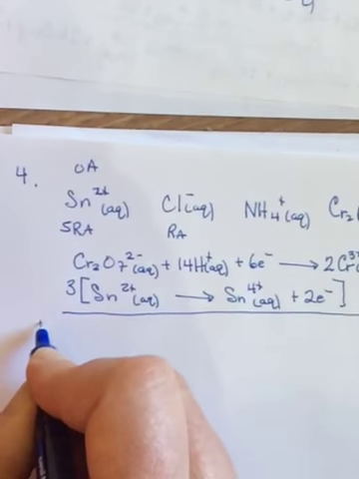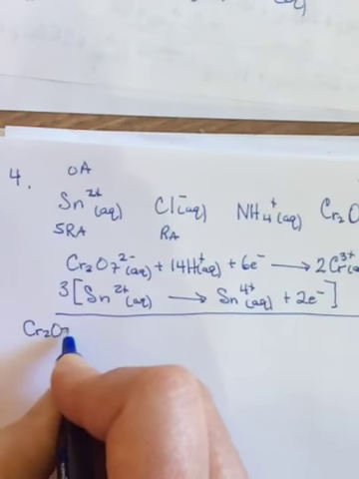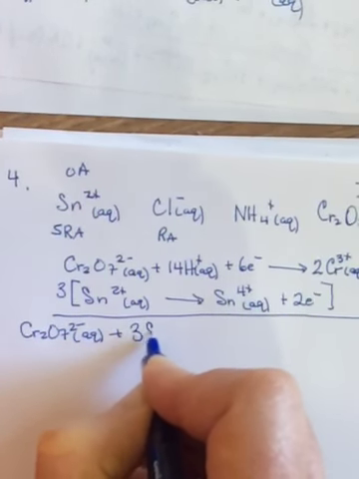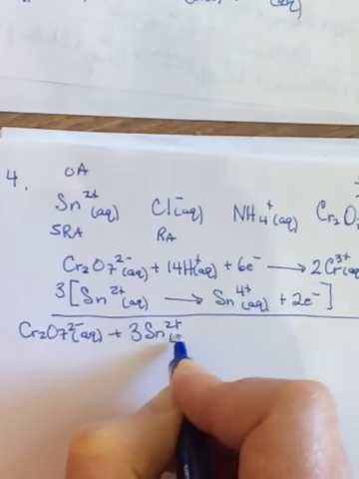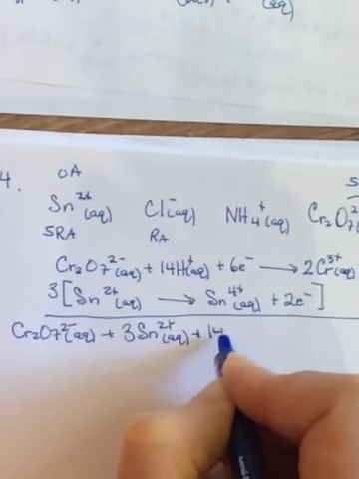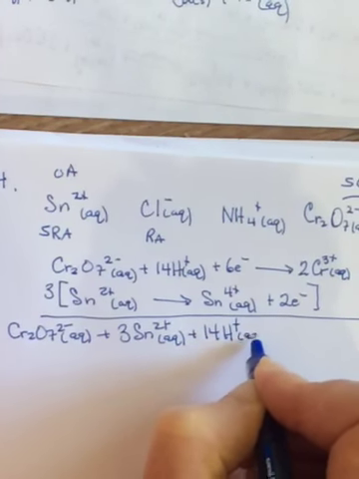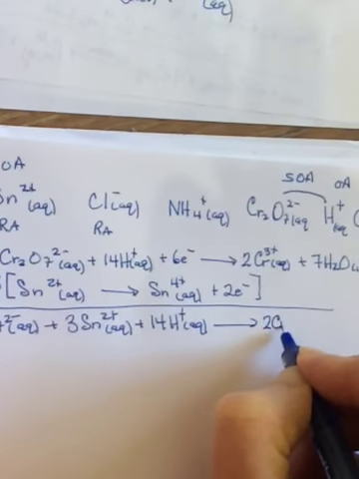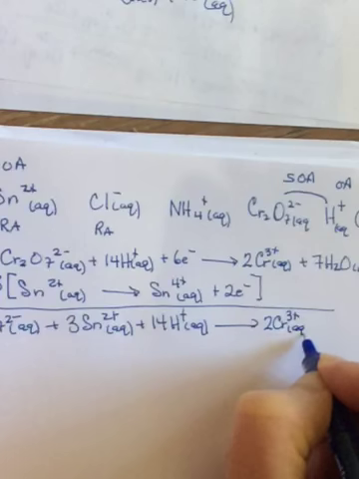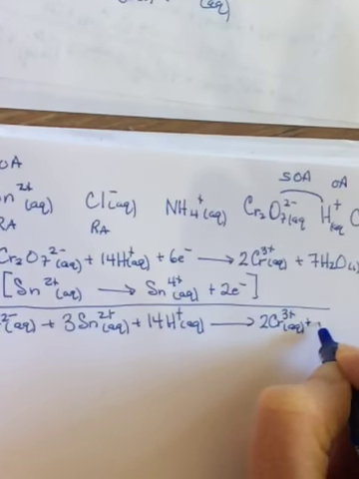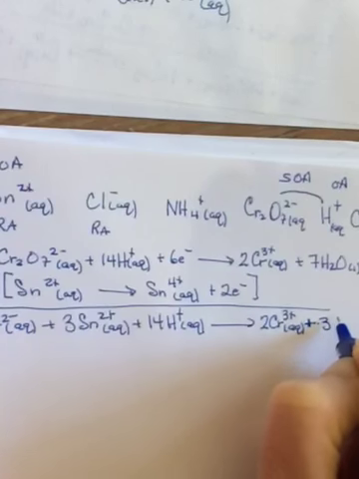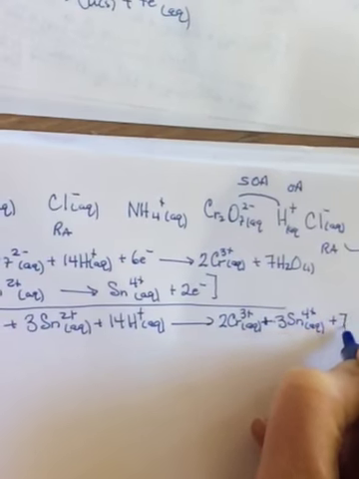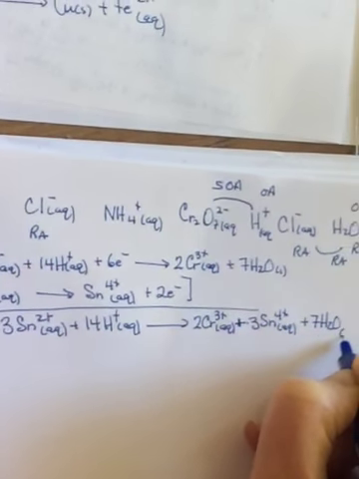This guy needs to get multiplied by 3, so your electrons will be balanced, and then you can add them together. So you'll have Cr2O7 2-, aqueous, plus 3 Sn2+, aqueous, plus 14 H+, aqueous, going to 2Cr3+, aqueous, plus 3 Sn4+, aqueous, plus 7 waters, liquid.